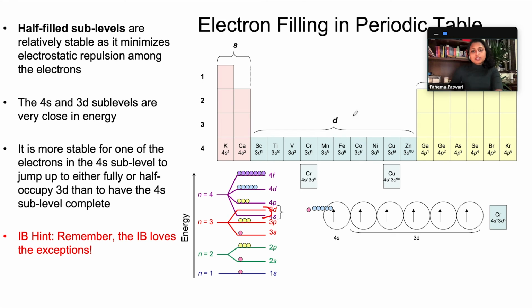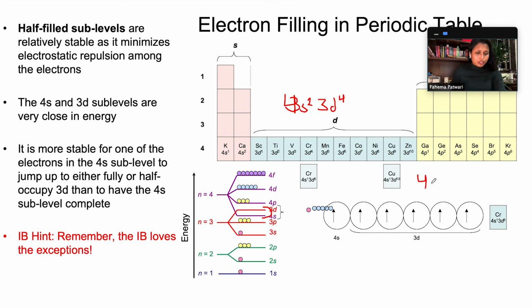So the way you remember that is chromium has 4s2, 3d4. 3d4 is just one away from being half full. So it snatches one from 4s and becomes 3d5. Similar story with copper.